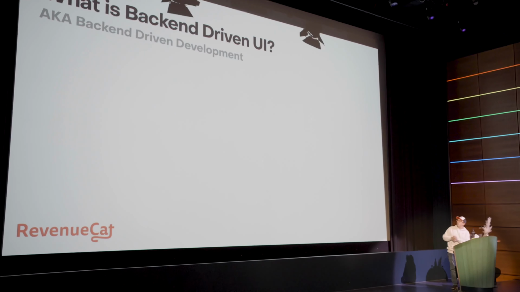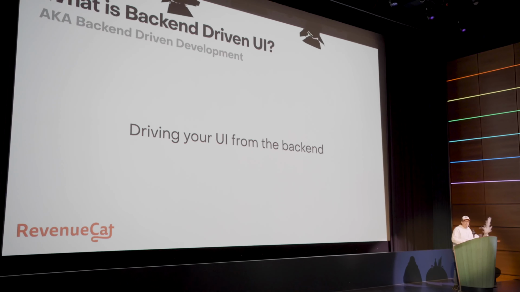I like to use the word UI just because I think as developers, we like the idea of code and driving functionality, but really what I'm focusing on here is UI itself and driving that from the backend. So the definition of backend-driven UI is driving UI from the backend, which is a really lame explanation.